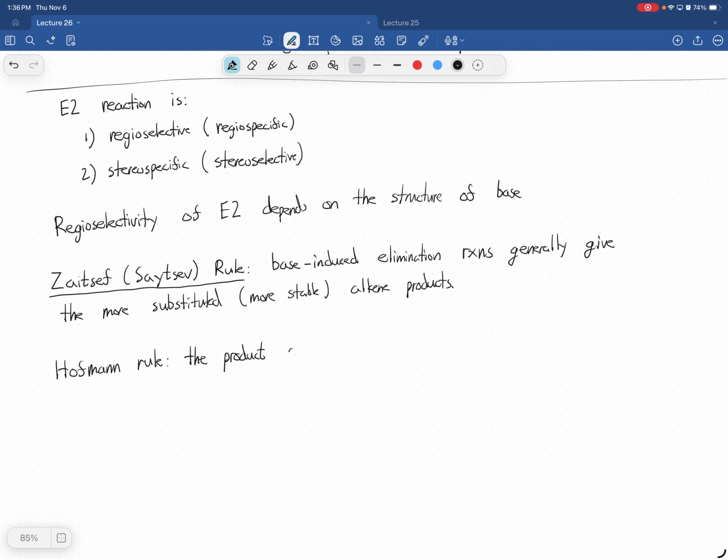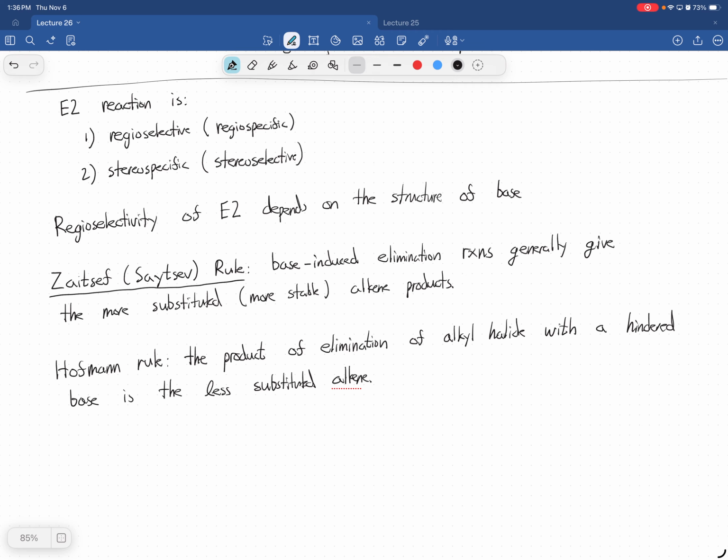So the product of elimination of an alkyl halide with a hindered base is the less substituted alkene.